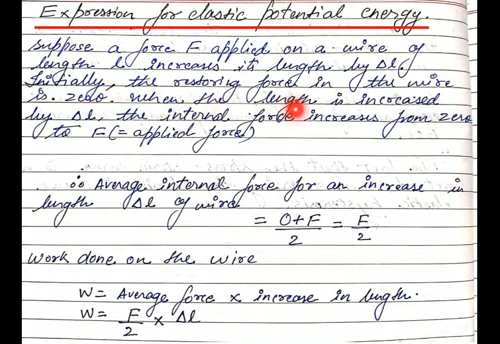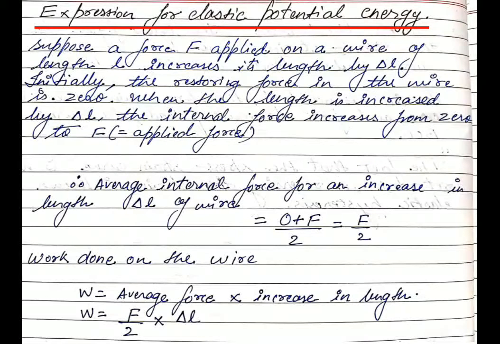Initially the restoring force in the wire is 0, and when the length is increased by delta L, the internal restoring force goes from 0 to F, that is the applied force.